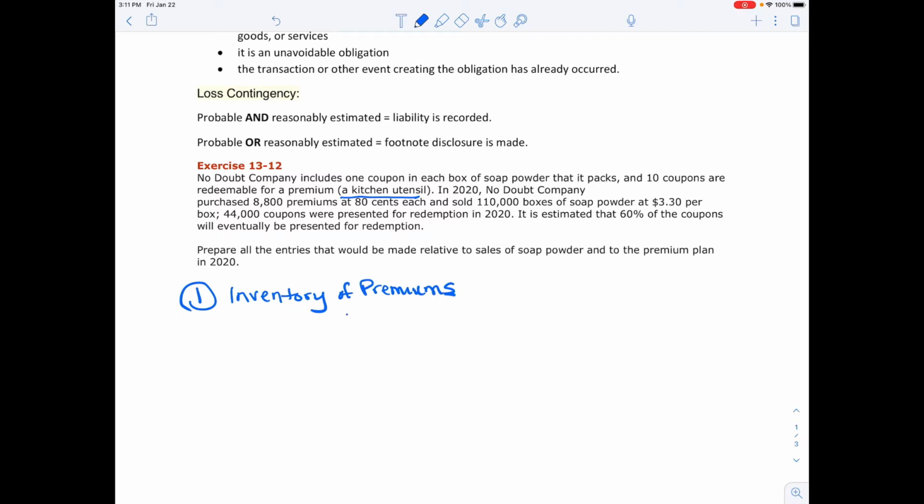And we're going to credit our cash account. You have to figure out how much that was. We purchased 8,800. They were all 80 cents each, which comes to 7,040. So we'll debit and credit those amounts.